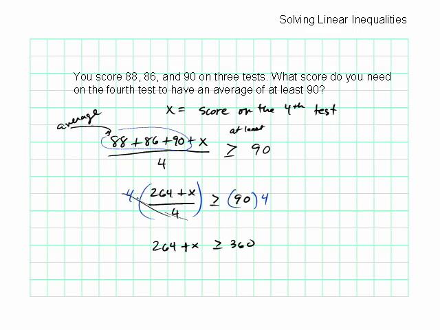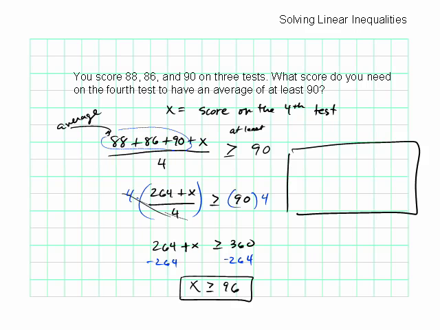And now subtract 264 from both sides. And we get x is greater than or equal to 96. And so the answer is, to have an average of at least 90, you need to score 96 or more. It's got to be 96 or greater to have our average above 90 or equal to 90.